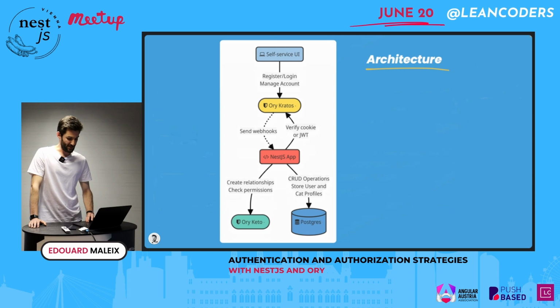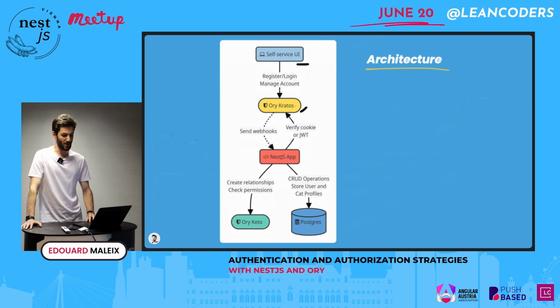The architecture will be very simple. The self-service UI is a component pre-built by ORY, so that's pretty handy for backend developers like me who are pretty bad front-end developers. You will have in it everything to log in, to register, to recover the account, and so on and so forth. ORY Kratos, that you now know, will receive the request from the self-service UI for authentication purposes.